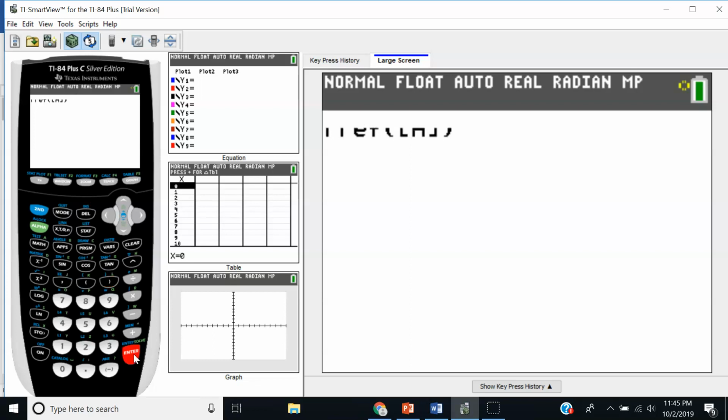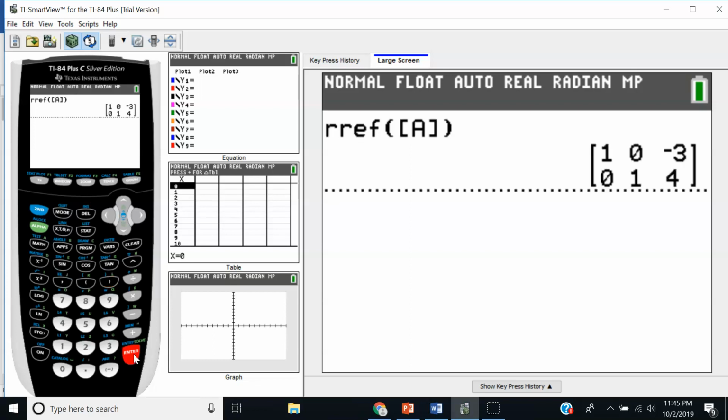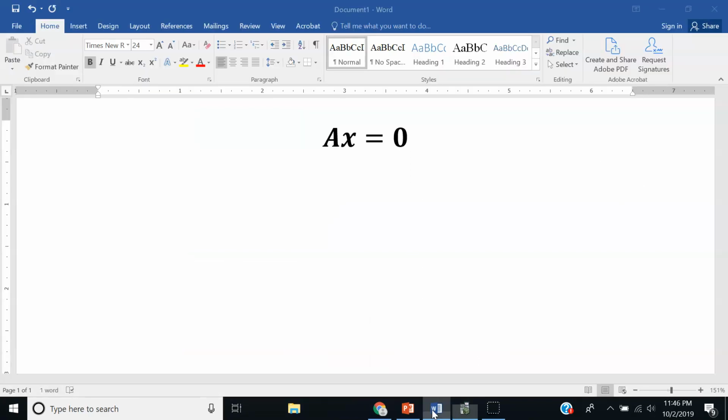And the row reduced echelon form of the matrix A is 1, 0, negative 3, 0, 1, 4. Now remember, A was not the augmented matrix. A was the coefficient matrix. So remember, we're solving this equation.